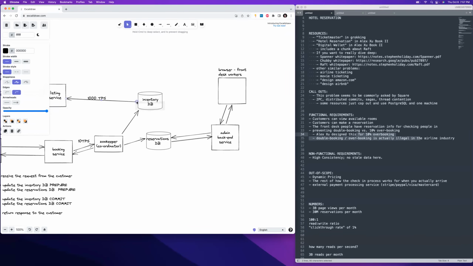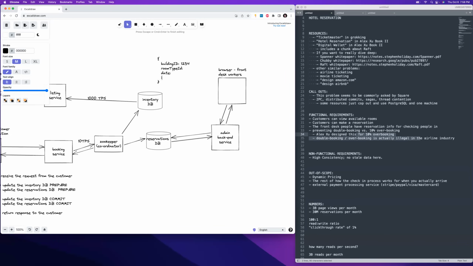We're going to go over the inventory database schema. I want to have the building ID, and then we're going to have the room type ID. Is it a king room? Is it a queen size room? Does it have a pair of queen beds? We're going to have the date of the reservation, the date where the rooms are available or not. We are going for the no double booking approach first.